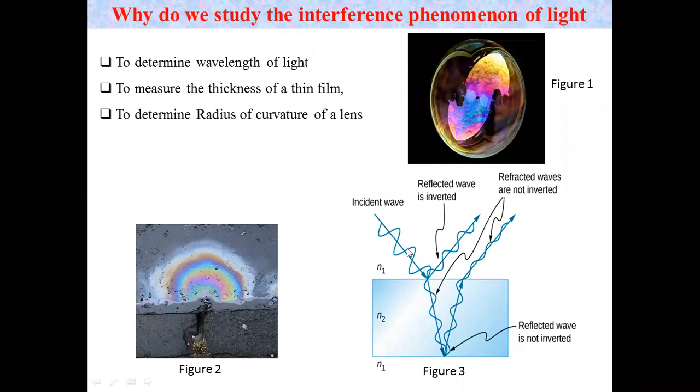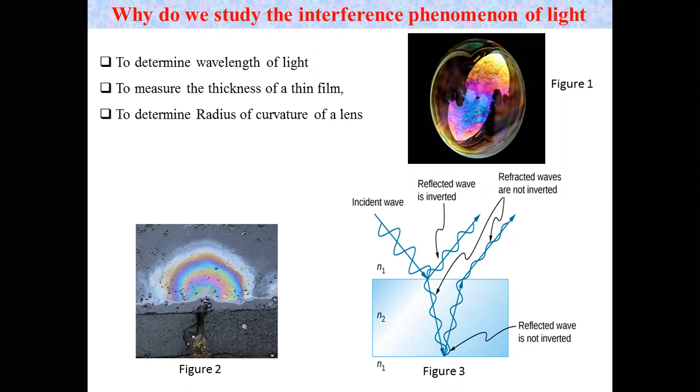the light wave incident on a thin film produces two reflected waves by the method of amplitude division.